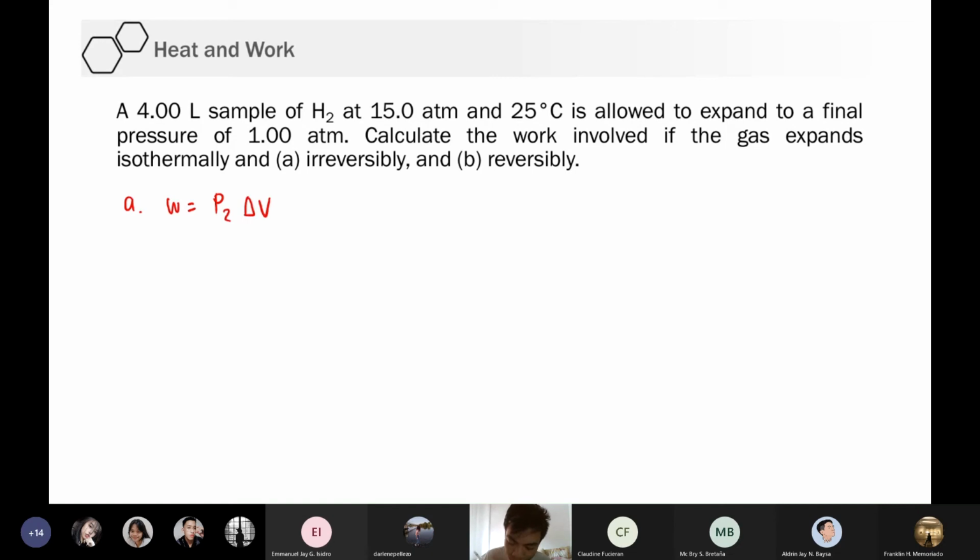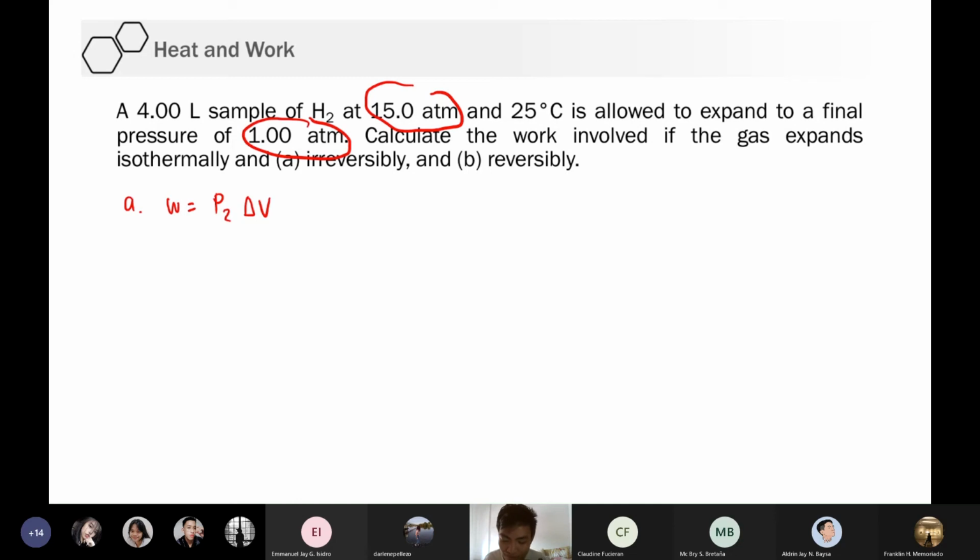P external delta V yan. Ano problema dito? Ang problema, dalawa yung pressure, sir. Alin dyan gagamitin ko? Ayun siguro tanong nyo kanina pa, no? Dalawa yung pressure eh. May sinabi ka 15 ATM, may sinabi ka 1 ATM. Alin dyan?